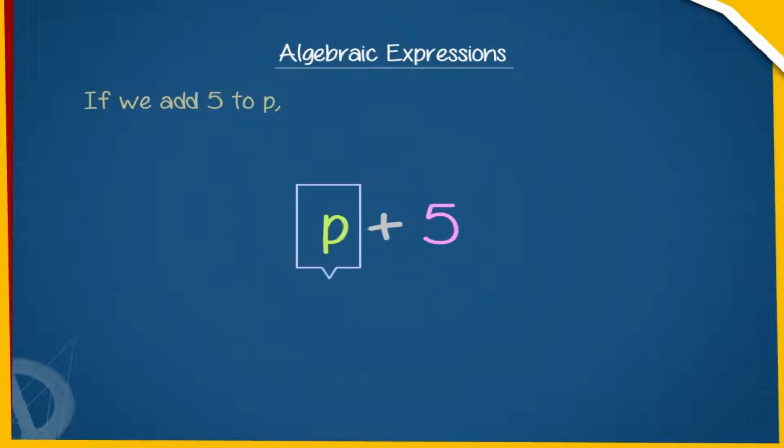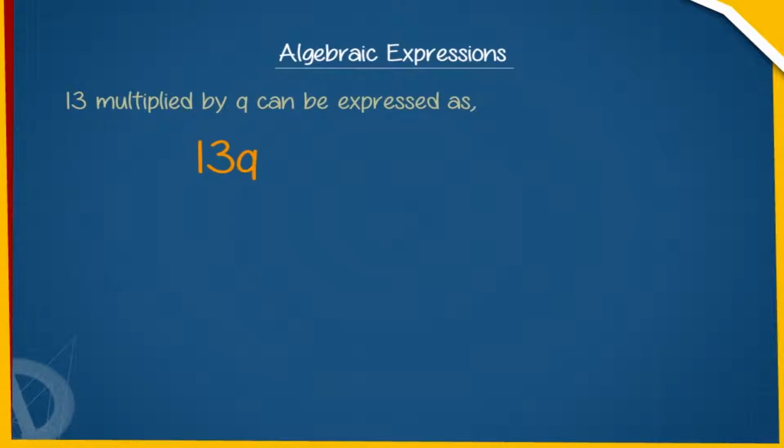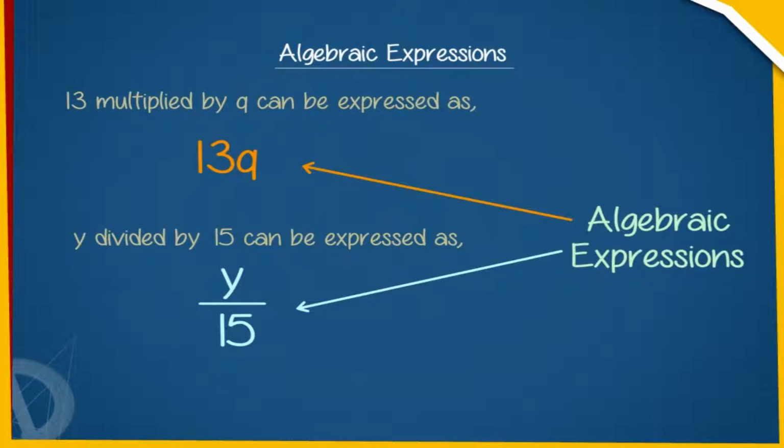Here, p is a variable and 5 is a constant. 13 multiplied by q can be expressed as 13q. Similarly, y divided by 15 can be expressed as y by 15. Here, 13q and y by 15 are algebraic expressions.